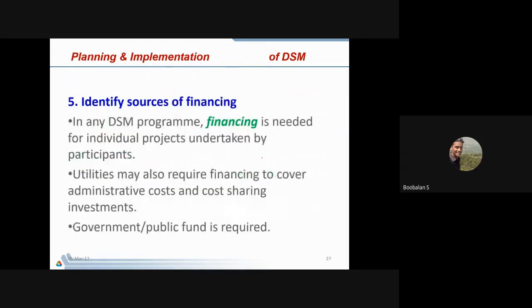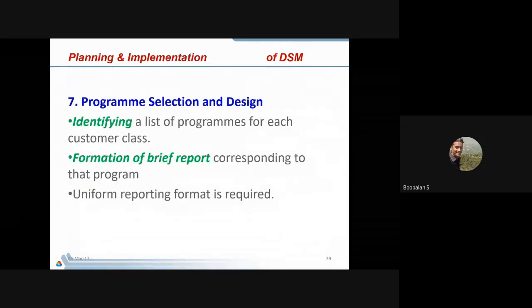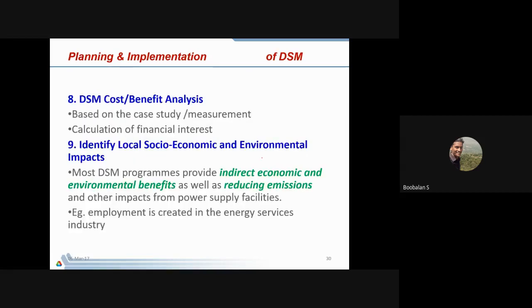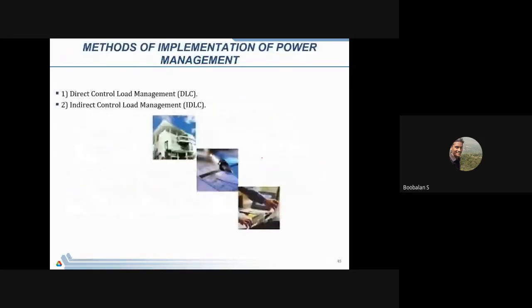Then identify the financing, as maybe we need to increase our installed capacity, and review cost sharing and my new program. So what are the new possible ways to improve my plant, or maybe we need to design a new plant, right? And the last step, cost analysis as well as the environmental impact rates. These are the things we need to consider about demand side management.